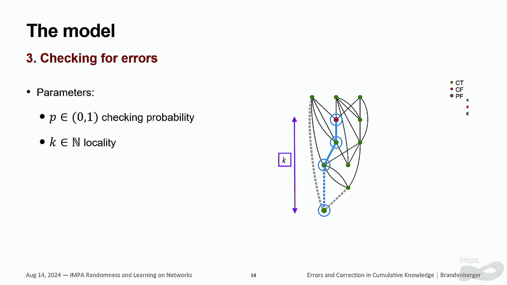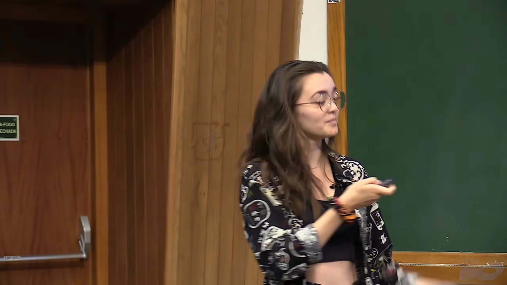Our results allow for some broad class of checking mechanisms, but for the purposes of this talk, you can just think of doing a breadth first search in a k radius until you find a false node. And then when you find a false node, if you find one, you can mark as PF all of the nodes that depend on it. These essentially stop having children because they've been marked.